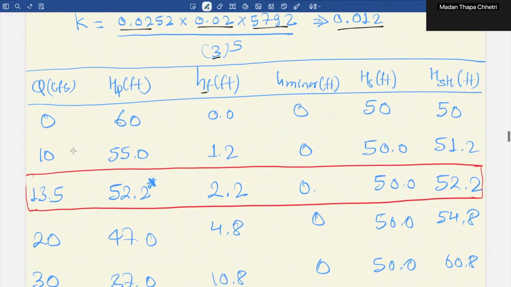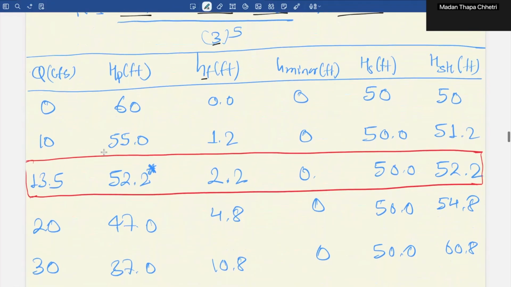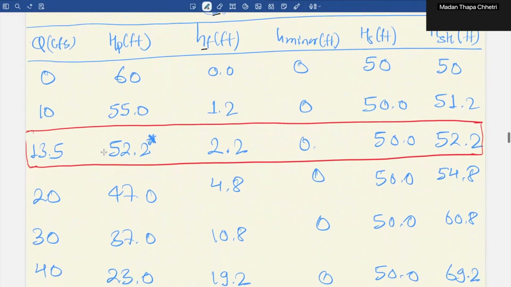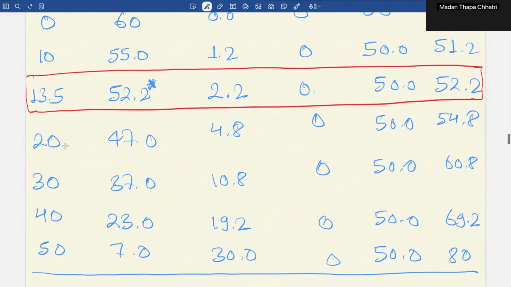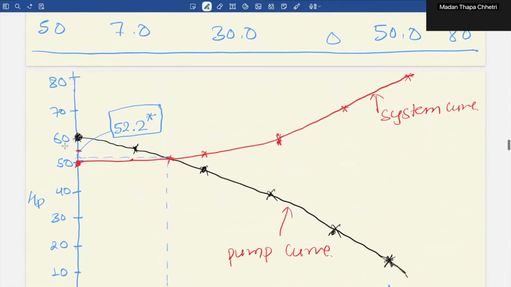So similarly, for all the Q and HP, I computed all those values. And for this highlighted part, I will explain with the figure or graph.